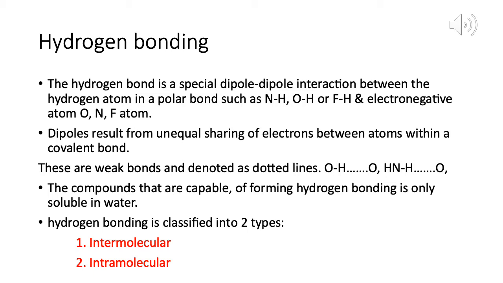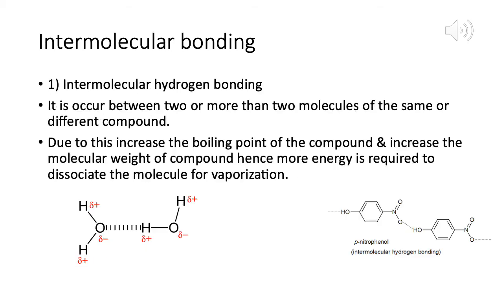Dipoles result from unequal sharing of electrons between the atoms within a covalent bond, and these are weak bonds, so they are denoted as dotted lines. Compounds capable of forming hydrogen bonds are soluble in water. Hydrogen bonding can be classified into 2 types: 1, intermolecular, and 2, intramolecular.